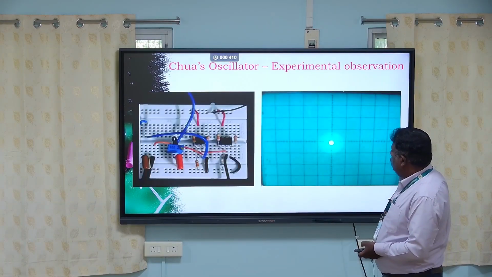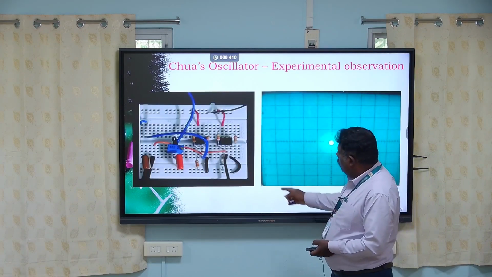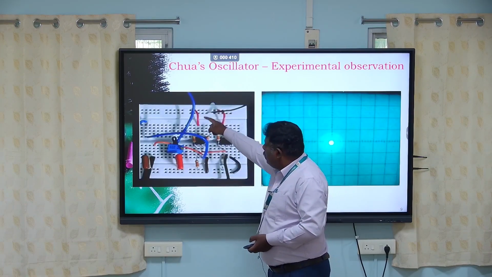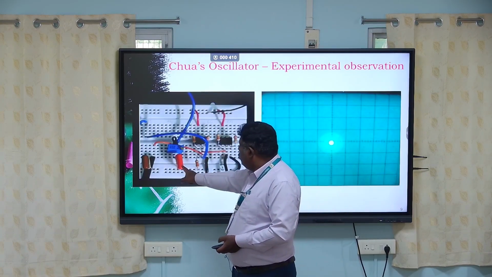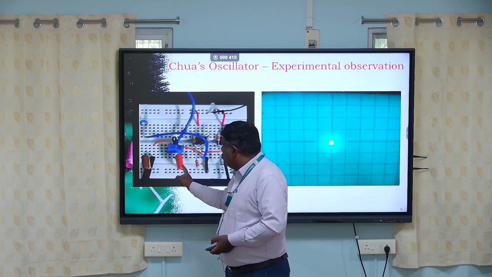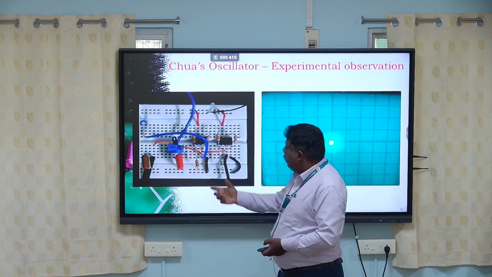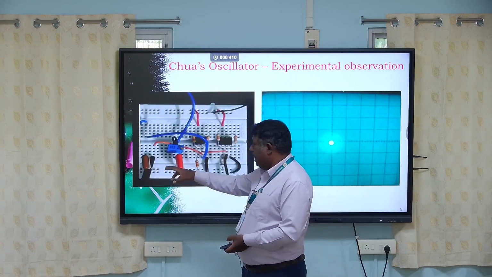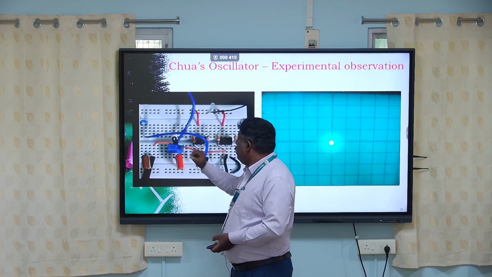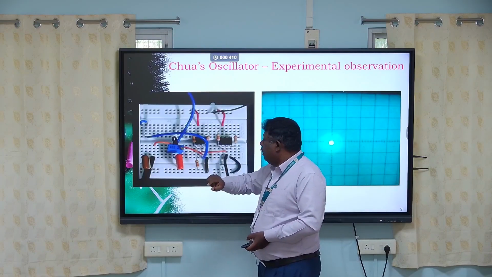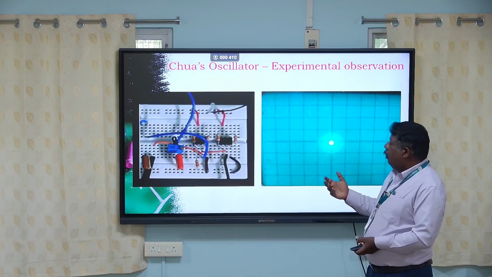In the laboratory, we are using a breadboard. This portion is the nonlinear element, the Chua's diode, and these are 2 capacitors, and the inductor is connected with the use of an inductance box, and this is the potentiometer. By tuning this potentiometer, we can observe the output.